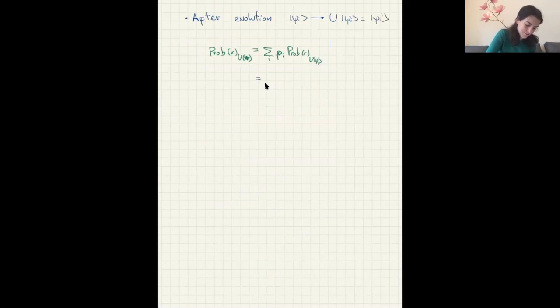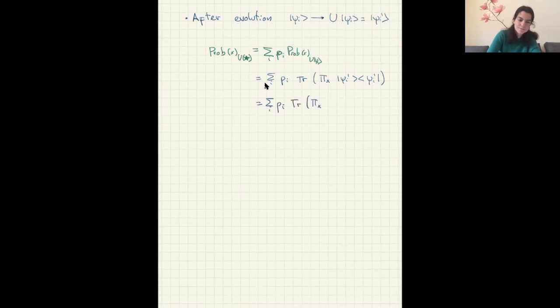So this is, again, like we saw, the sum over i of p_i trace of pi_x and here this psi_i prime. This part here gives us the probability of getting outcome x when we measure each of the evolved states. So we just replace each state with its evolved version.